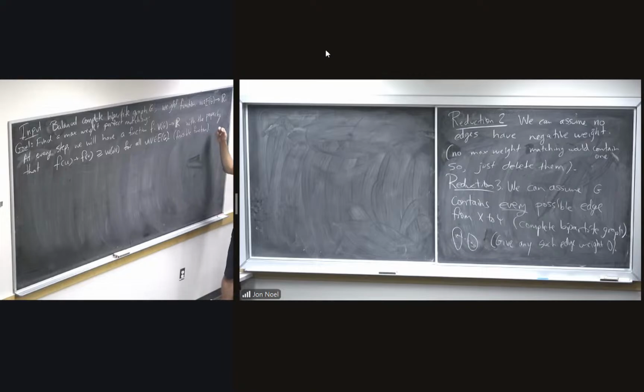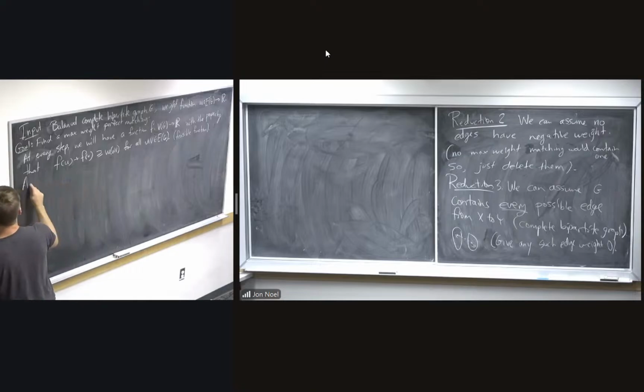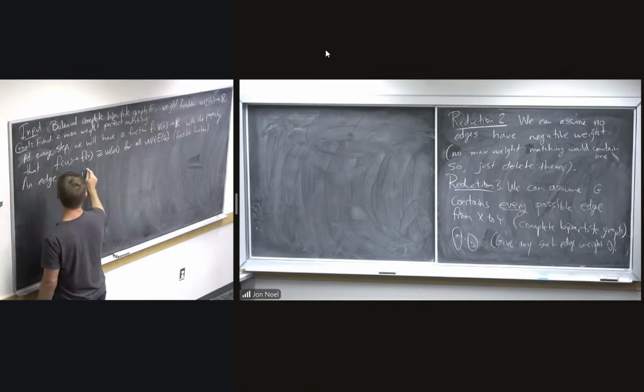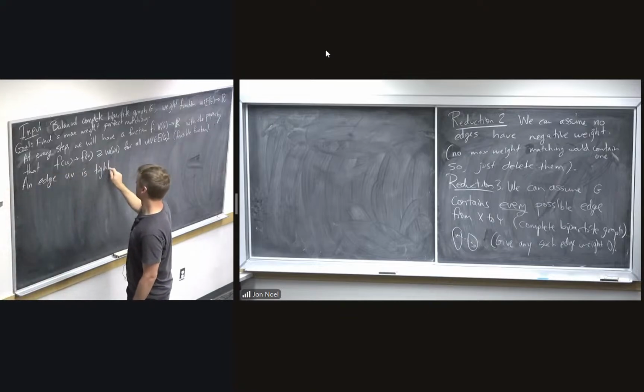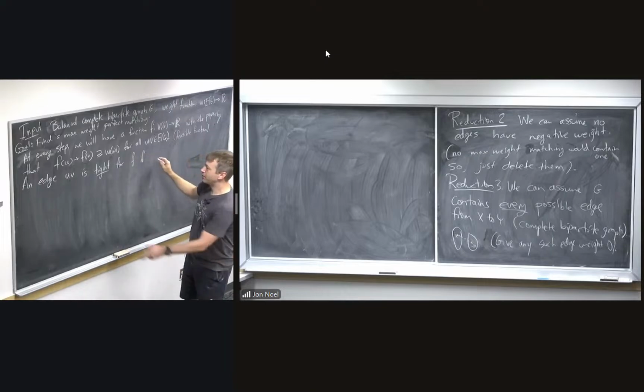Okay, so we're going to keep these functions, and an edge uv we'll say is tight for f if you actually get equality here.